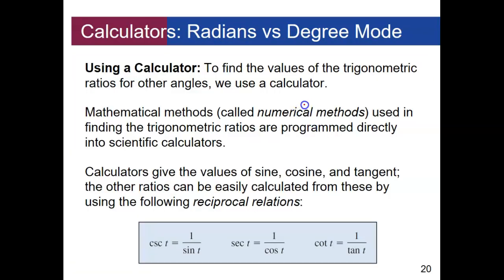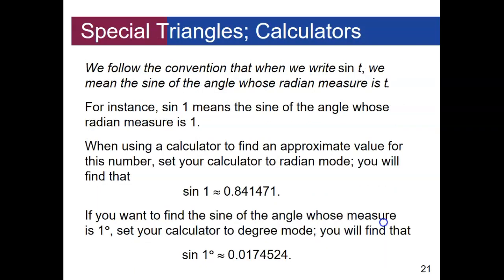Okay, so on the calculator, you don't have cosecant, secant, and cotangent, so you do have to do those with the reciprocal relationships that we've talked about already. And again, you want to be careful about the mode that you're in. The difference between sine of 1 and sine of 1 degree, you can see, is going to give you a different answer.